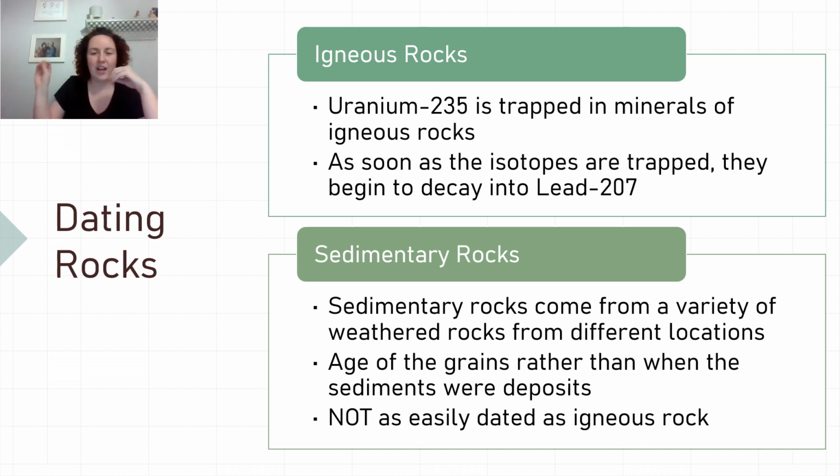So the age of the grain is always going to be older than when the sedimentary rock actually formed, because those grains and sediments came from other rocks that had a lot of time to go through this process. So it's not as easy to date sedimentary rocks as it is to date igneous rocks.